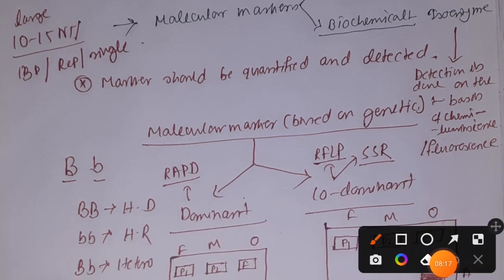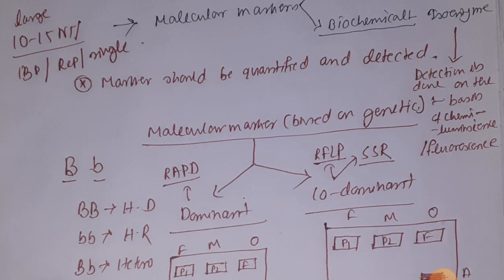Now there are two important characteristics of a marker that you have to keep in mind: the DNA sequence that you have chosen as a molecular marker should be easily quantified and detected. That means detection and quantification of the marker should be done at a low cost, because here we are using molecular markers for industrial purposes, right?